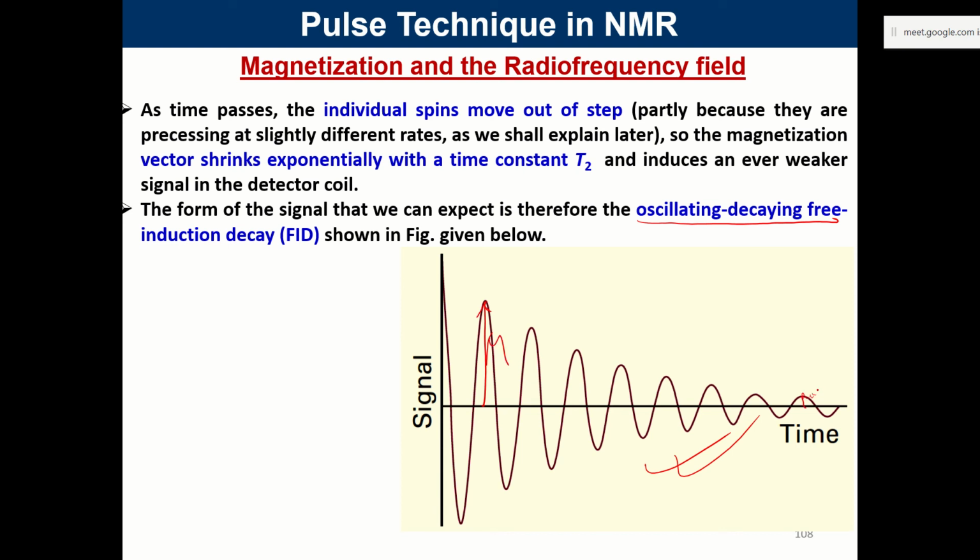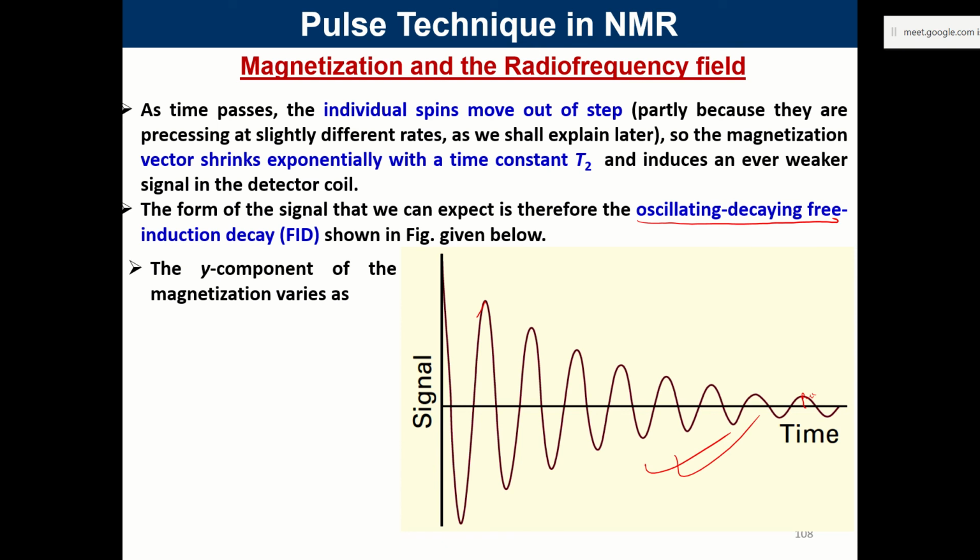The decrease in the signal corresponds to the decrease in the magnetization value of the nuclei through which it has passed. This is what we do observe.